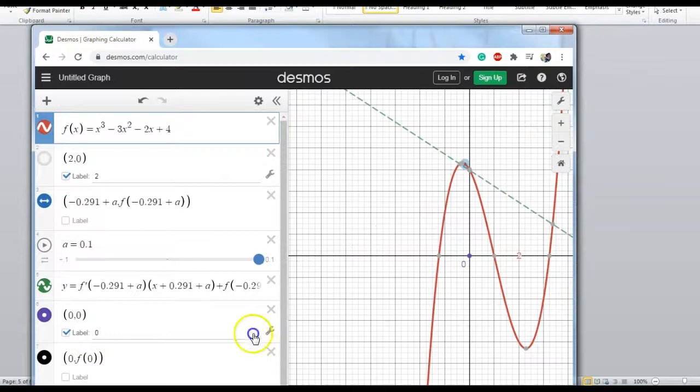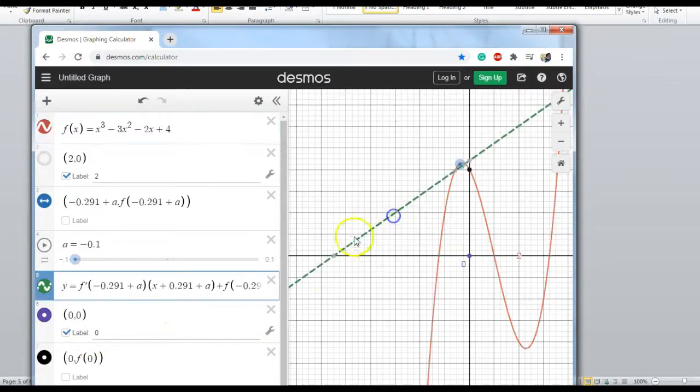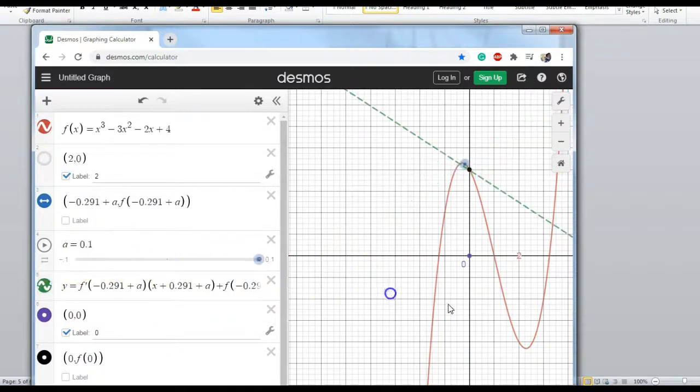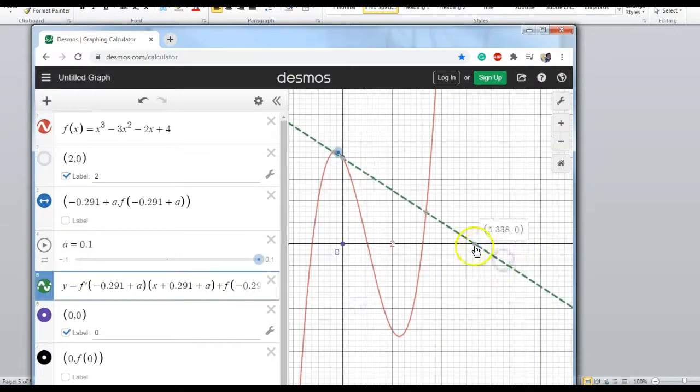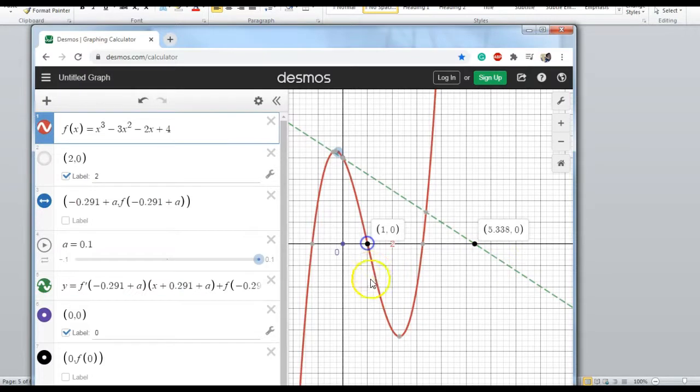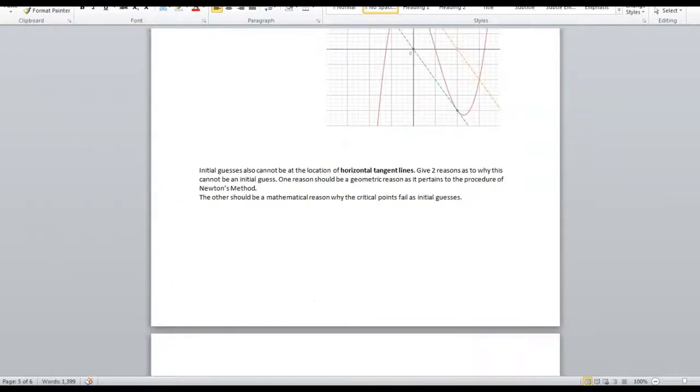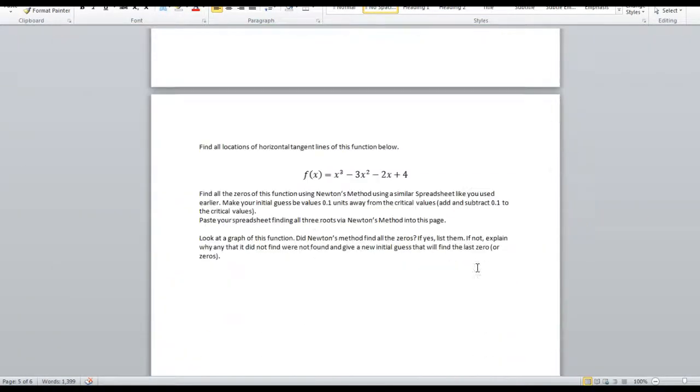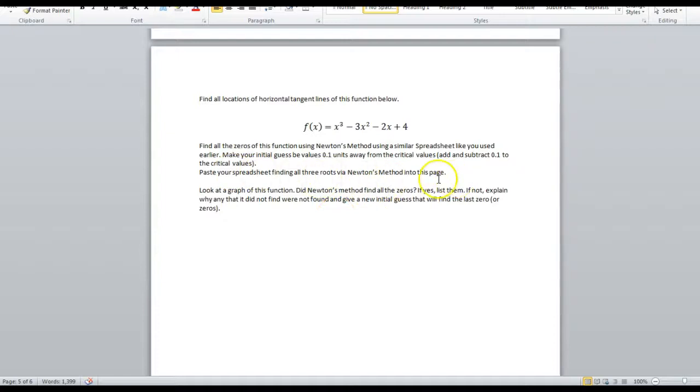And why is it going to be a problem if this one hits out here, if I'm trying to find this 0? That's what this last part right here talks about.